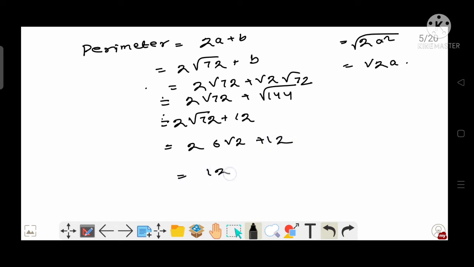So 12 root 2 plus 12, which is equal to, with root 2 value 1.414, 12 into 1.414 plus 12.